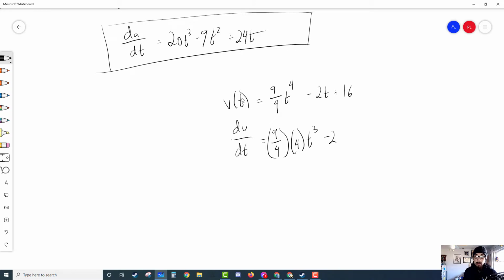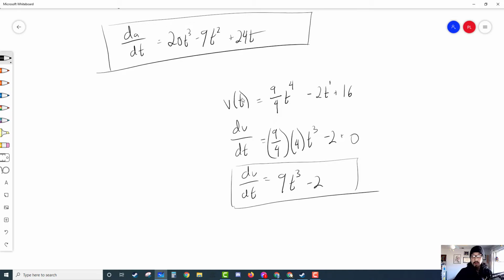Because there's a 1 there, 1 times 2 gives us 2, and 1 minus 1 gives us 0. A variable to the 0th power is just 1, so I'm just going to leave this as 2 plus 0. We can clean this up to be 9t to the 3rd minus 2 for dV/dt. So this is my first derivative.